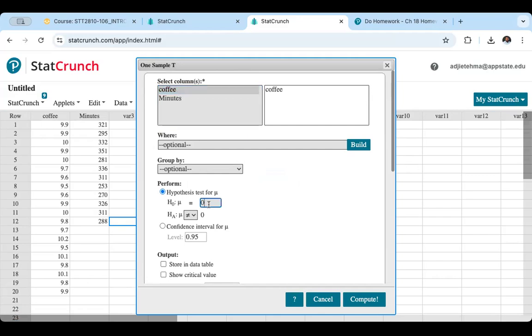Now, the mu naught here is what? 10. And then here is what? Less than 10. You have to make sure that you are inputting the hypothesis correctly. If you input it incorrectly, it's going to affect your p-value. Does that make sense? Which is subsequently going to impact your decision making.